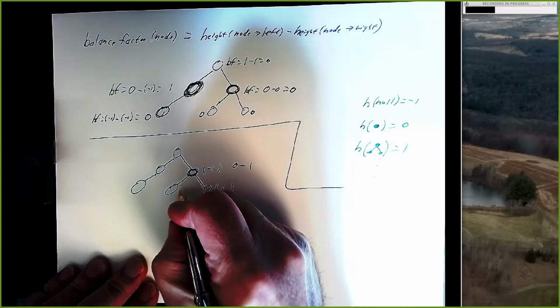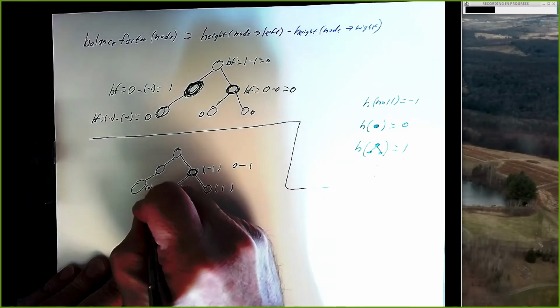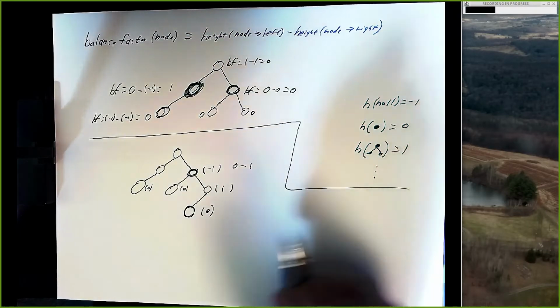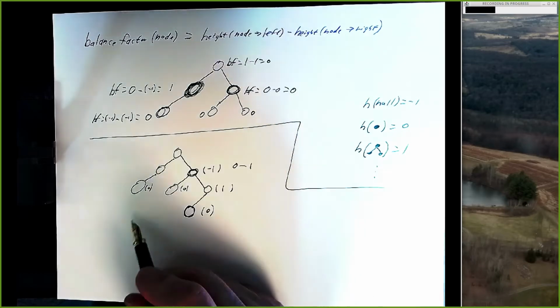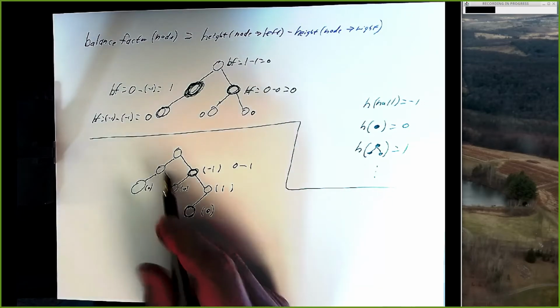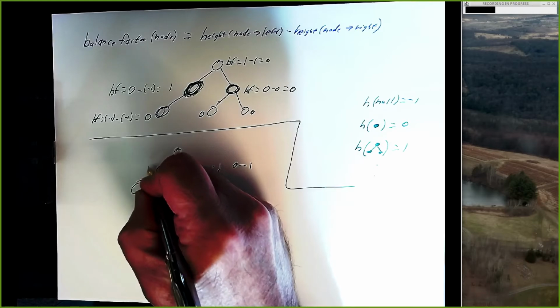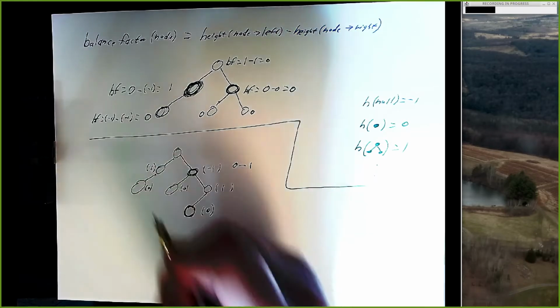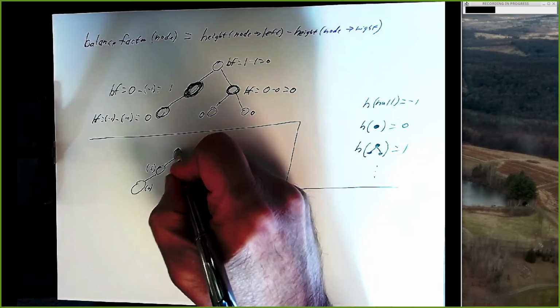All right, this is a leaf node. This will still be a 0. This will be a 0. This hasn't changed from up here, so the left subtree has a height of 0, right is -1, so this has a balance factor of 1. And then what about the root?